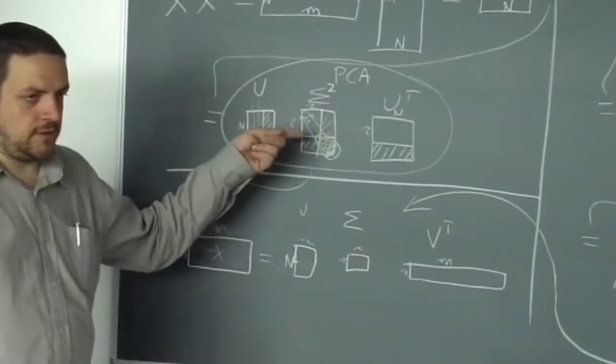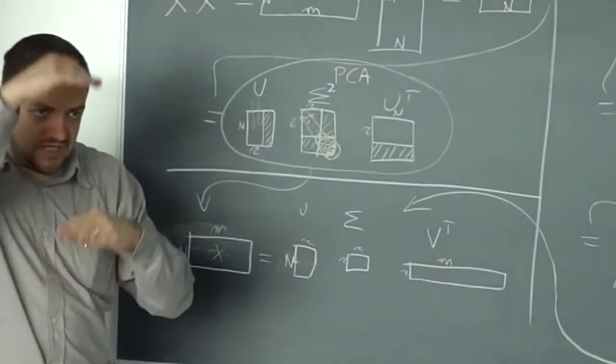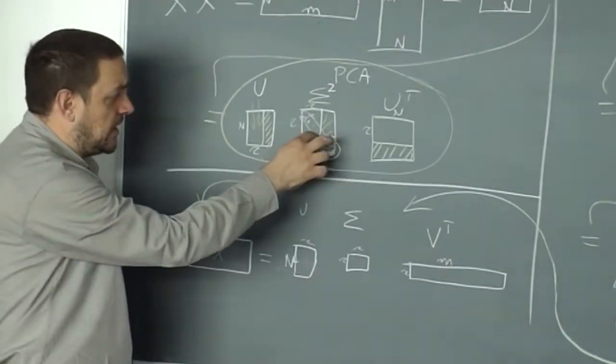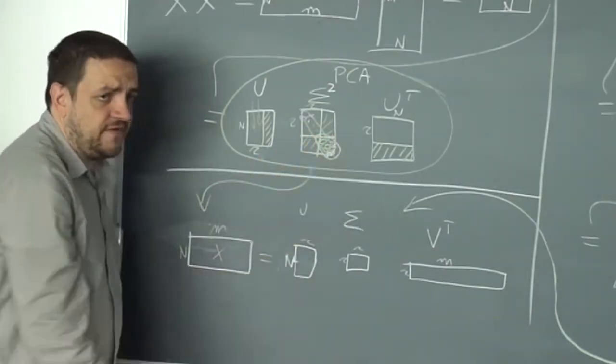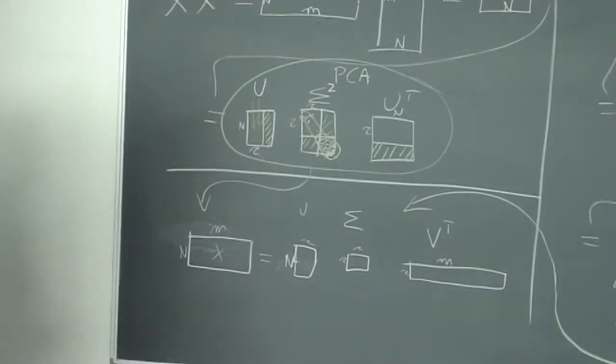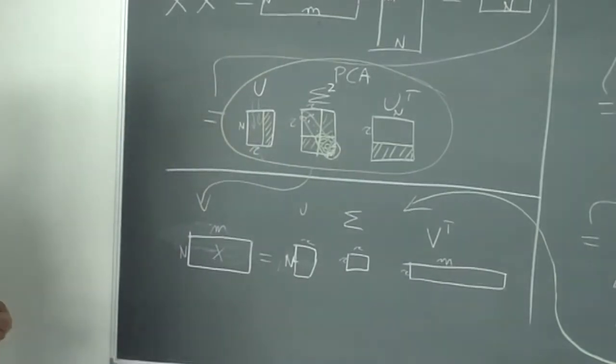We only removed the zeros. So we made matrices as small as possible by removing the parts related to the 0 eigenvalues of the PCA decomposition. And what we get at the end is possibly smaller matrices.